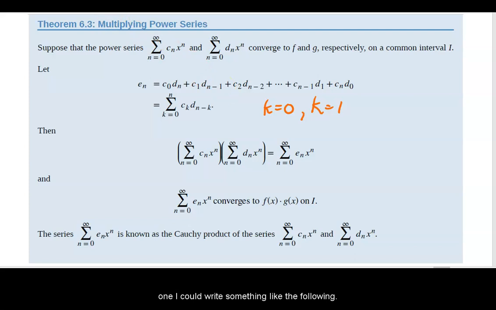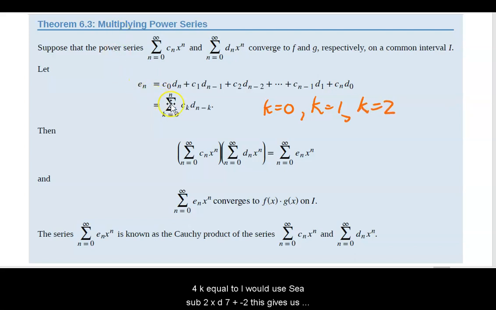For k equal 2, I would use c sub 2 times d sub n minus 2. This gives us the third term in the sum, which will generate the nth coefficient of each term in the product series. Now let's do an example and show us how to apply this formula.